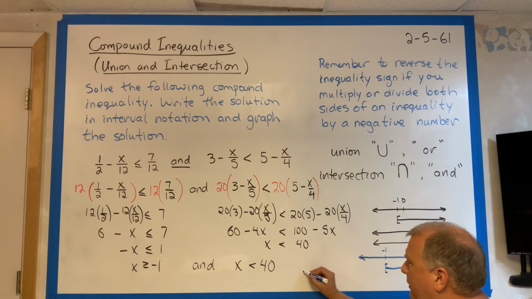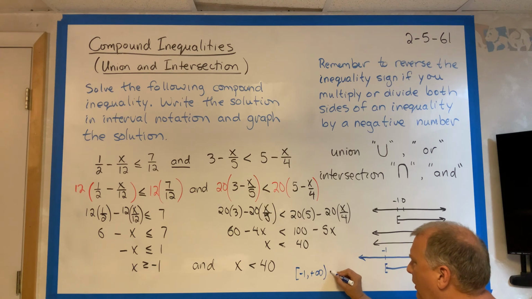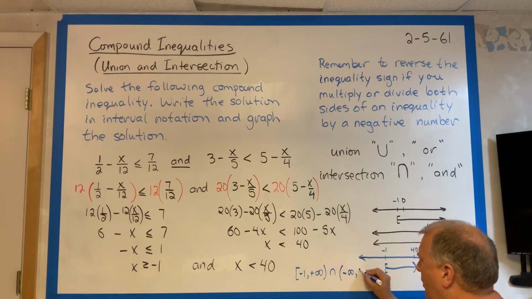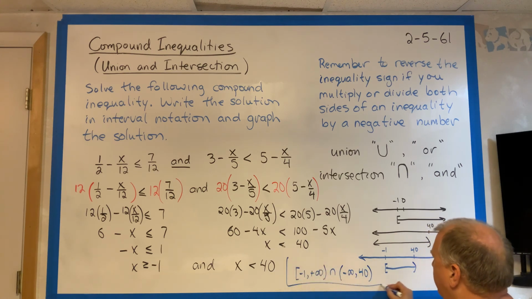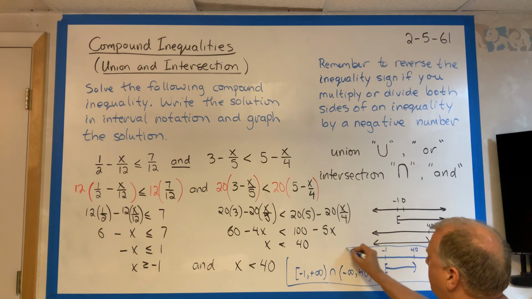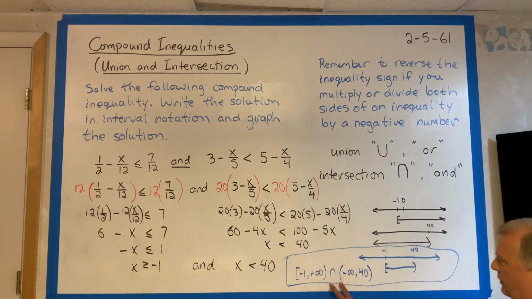I could also write this as minus 1 all the way up to plus infinity, intersected with everything from minus infinity all the way up to 40, but not including 40. This interval notation says the same thing as this graph.